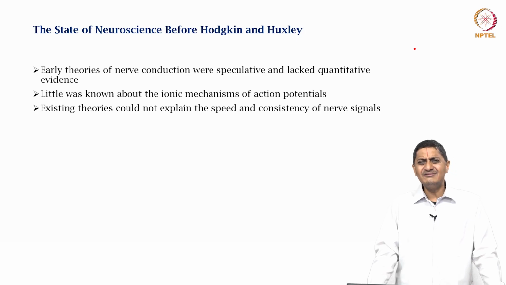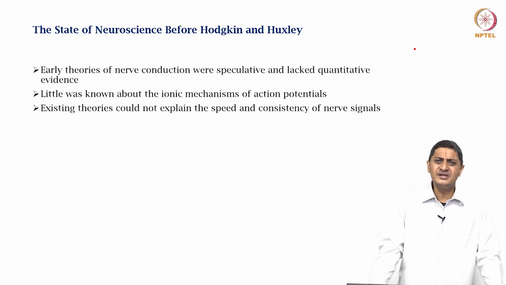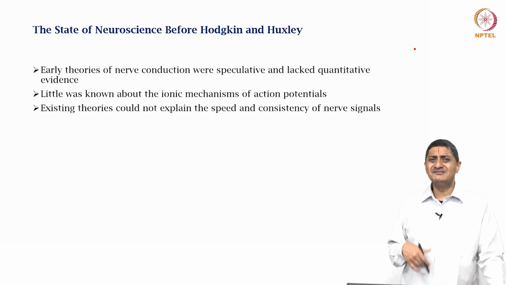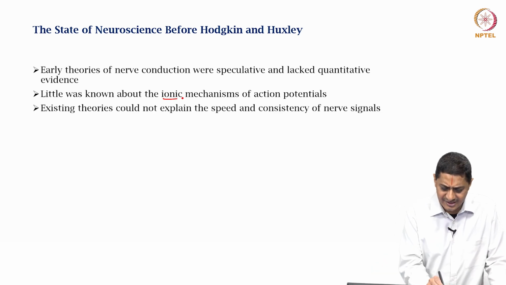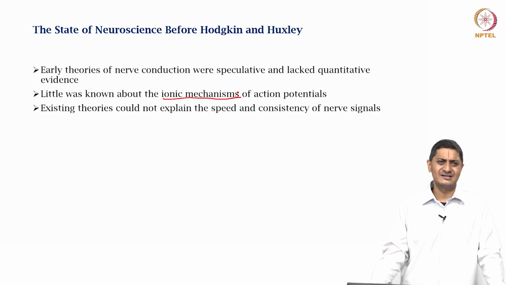There was practically very little understood about how communication happens within a neuron. Action potentials were all speculative, but what are the mechanisms by which this communication happens? These ionic mechanisms were very little understood.